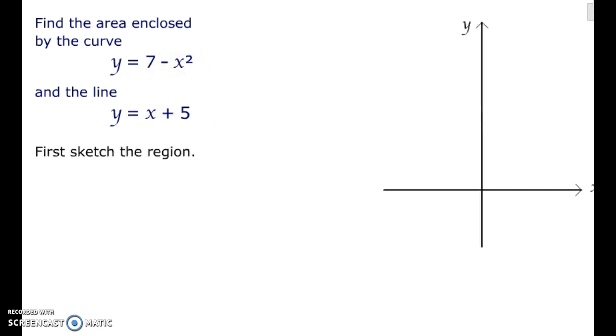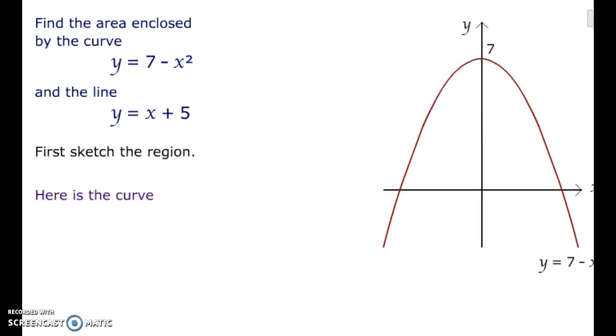Let's take another example. You can maybe pause this video and reverse it to see what we have done. Another example, now we have another parabola. This is a downward parabola because minus x squared means downward. And x plus 5 is a diagonal line, 5 units above the x-axis.